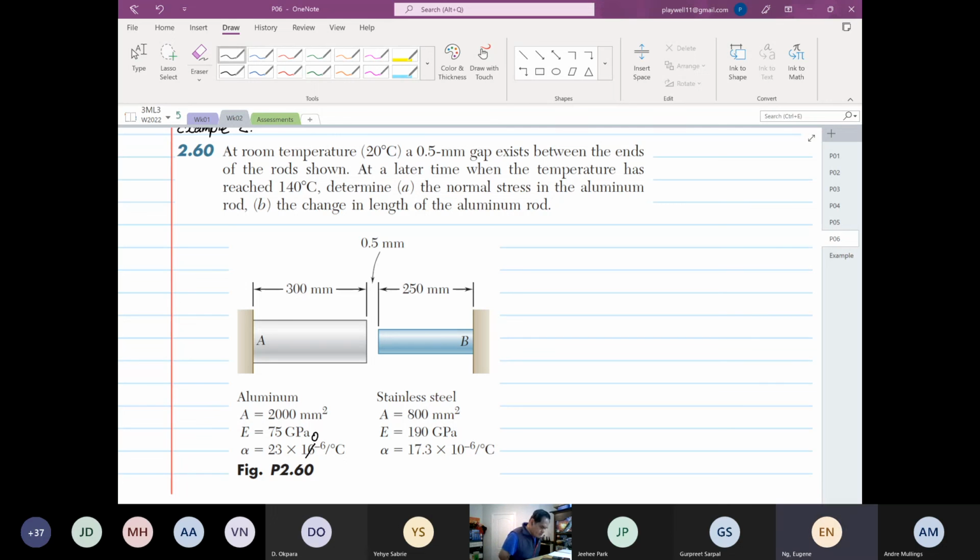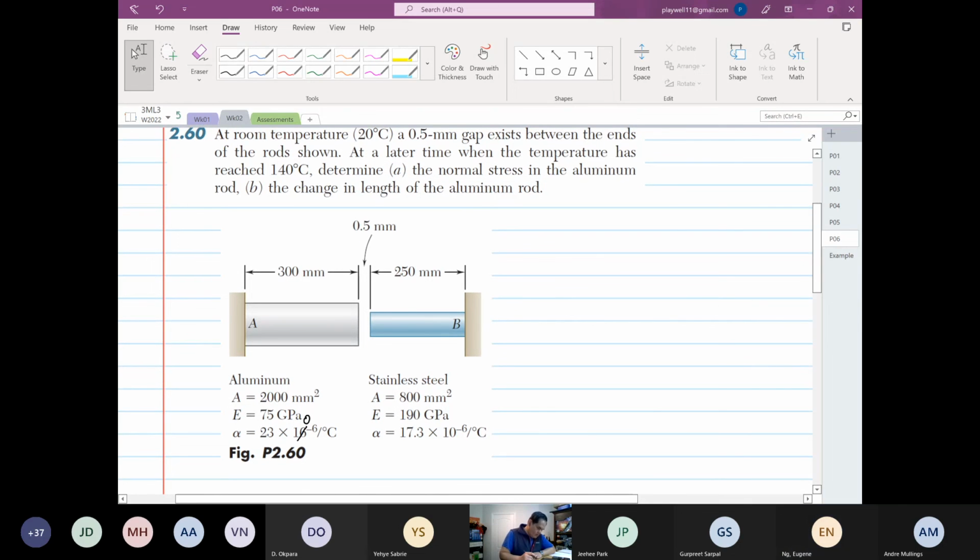At the later temperature, when the temperature has reached 140, determine the normal stresses in the aluminum and the change in length of the aluminum rod. Given below are the cross-sectional area, Young's modulus, and alpha coefficient of thermal expansion.